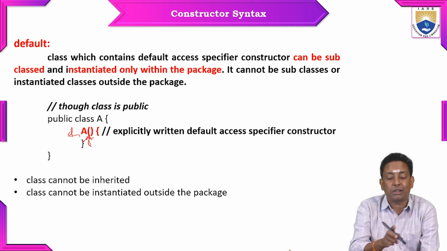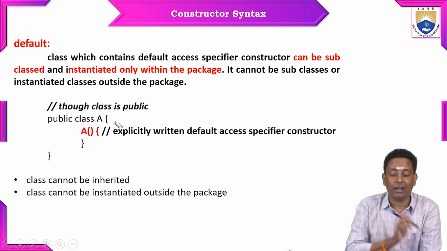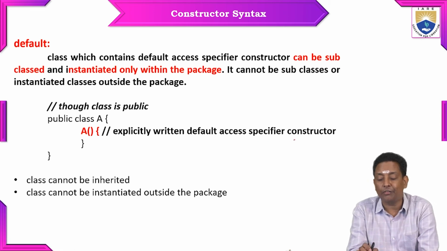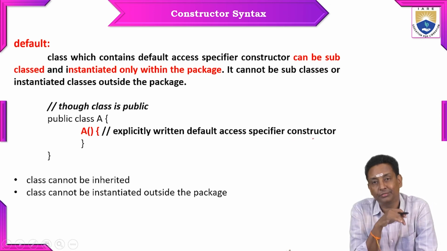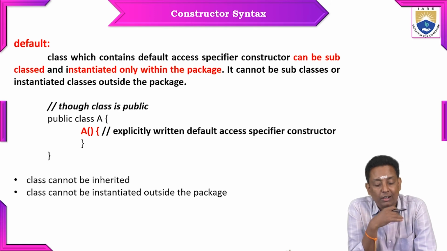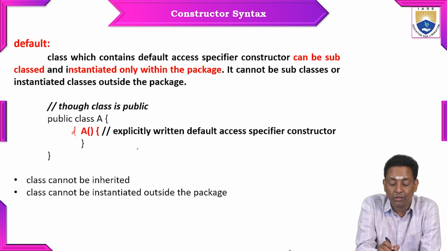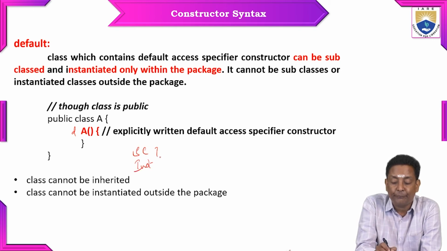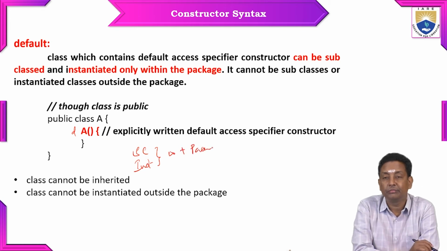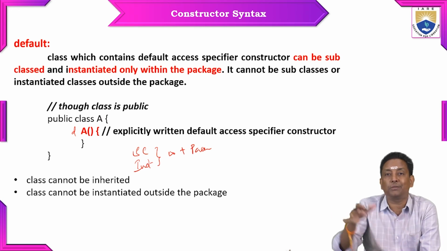Then you tell me what is the scope of this class, up to what extent this class can be accessed. Because the constructor's access specifier is default, it can be accessed anywhere within the package. So it can be subclassed or instantiated only within the package. And this public class A can be accessed only within the package but not outside the package.